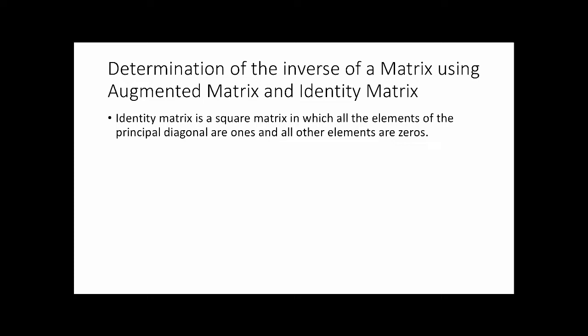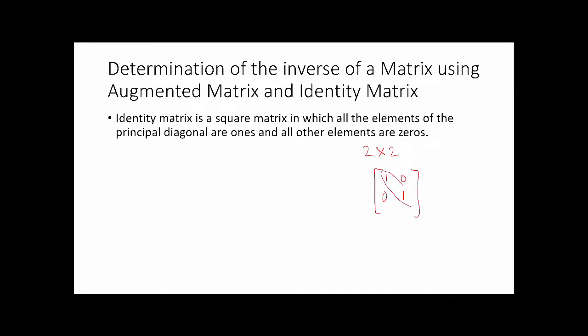For example, for a 2x2 matrix, the identity matrix is just 1, 0, 0, 1. The principal diagonal has 1s.